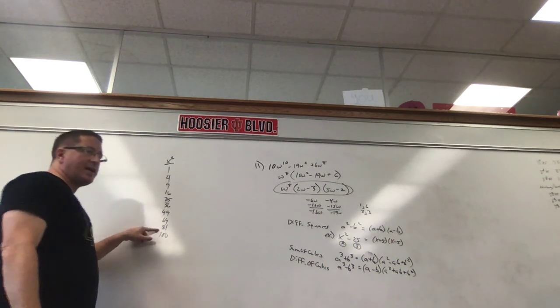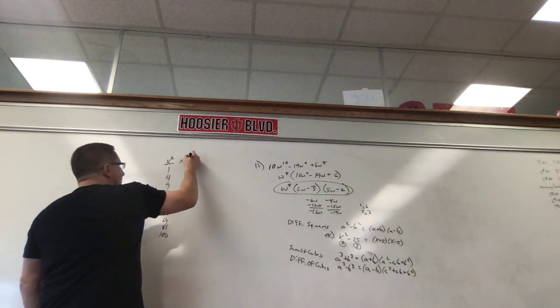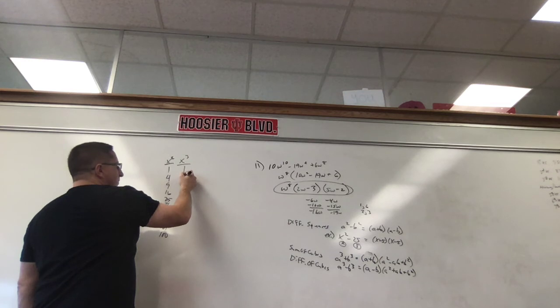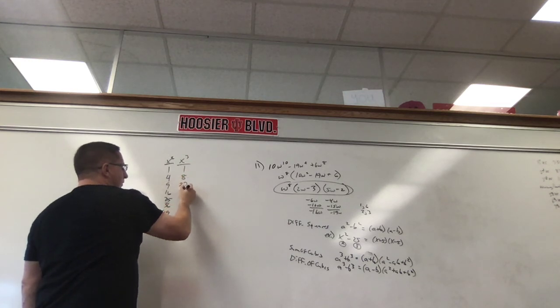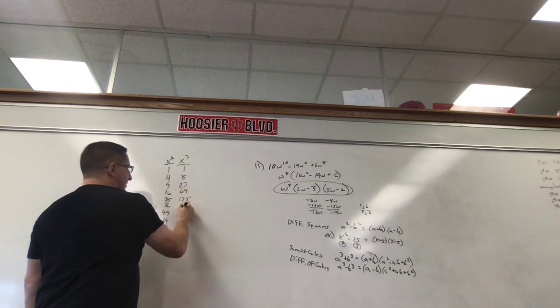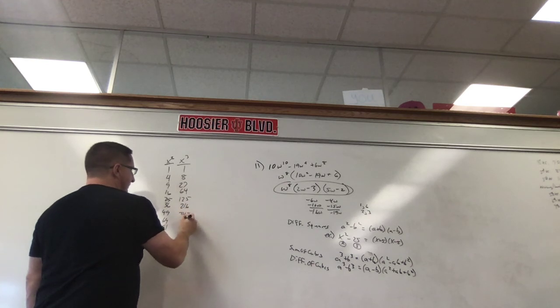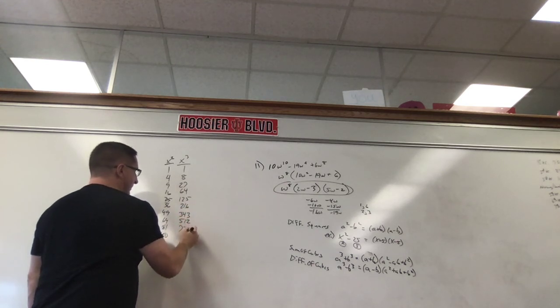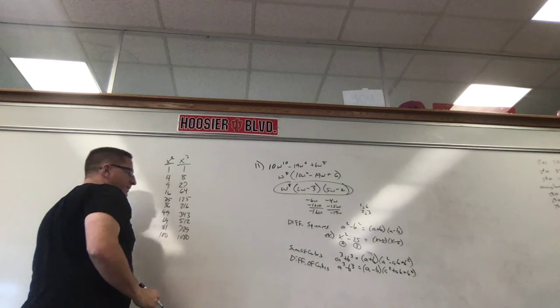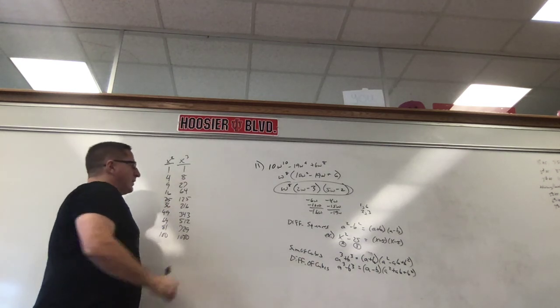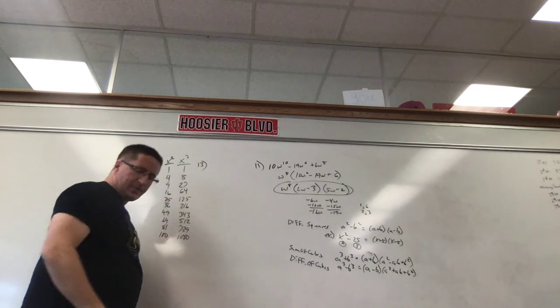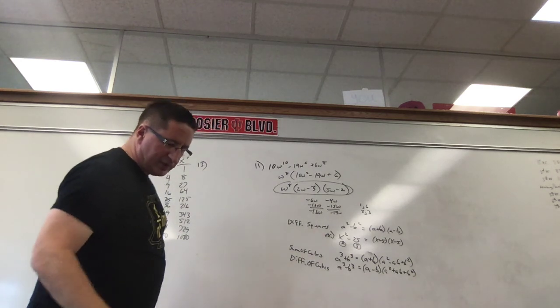Ninth number is 9 times 9, 81. Cubes, 1 times 1 times 1 is 1, 2 times 2 times 2 is 8, 3, 4, 5, 6, 7, 8, 9, 10. Okay? So, let's look at number 13. Number 13, they give us x cubed plus 64.